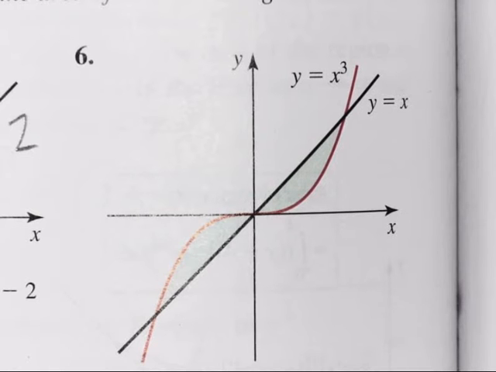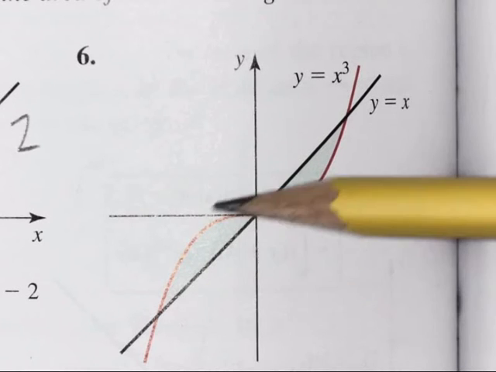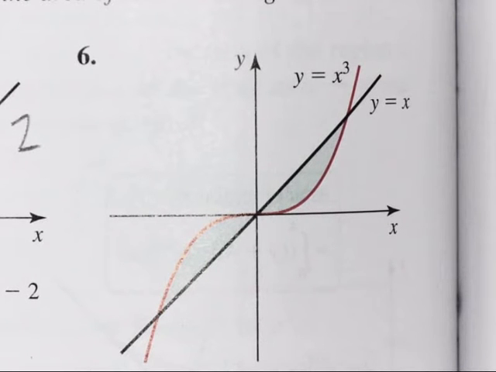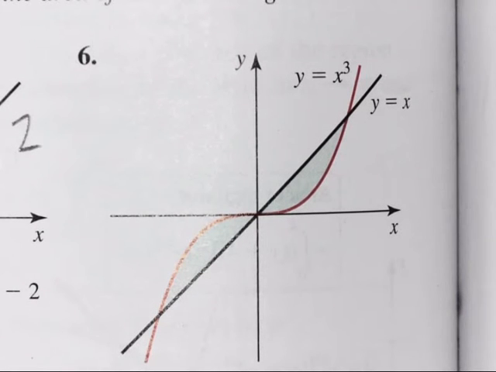And combine those. And notice this problem's a little bit different because it switches as to which curve's on top and which curve's on the bottom. Right? So the red line is the function y equals x cubed, and then the black line is the function y equals x.